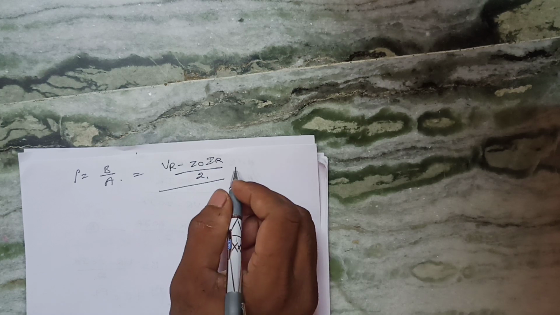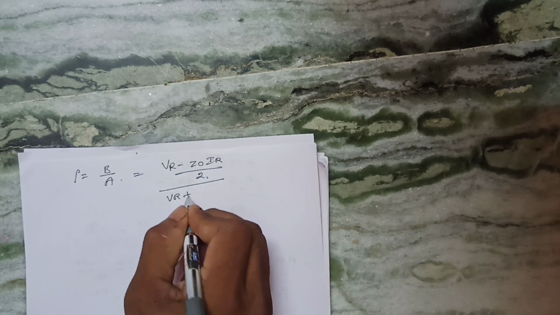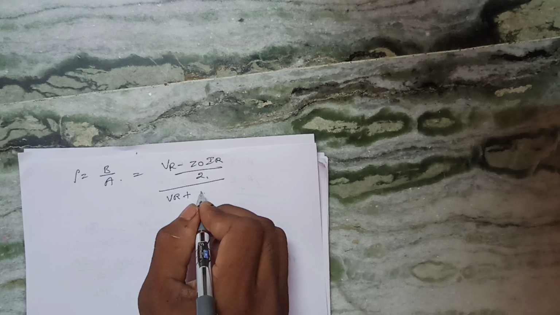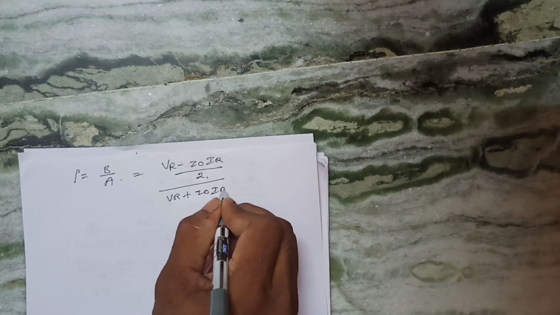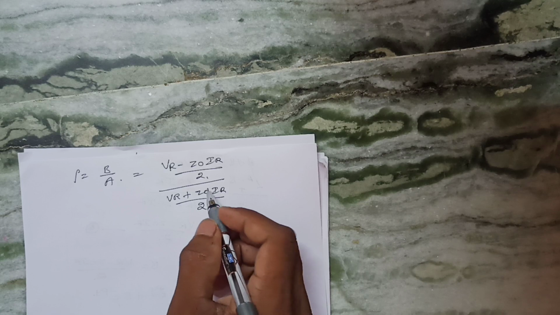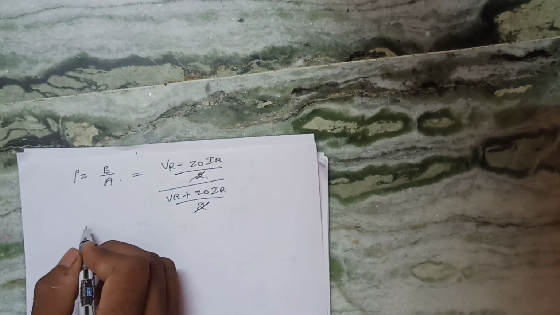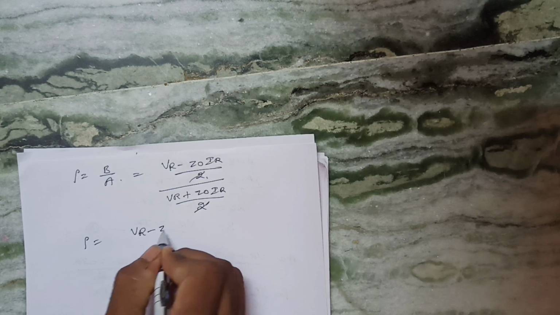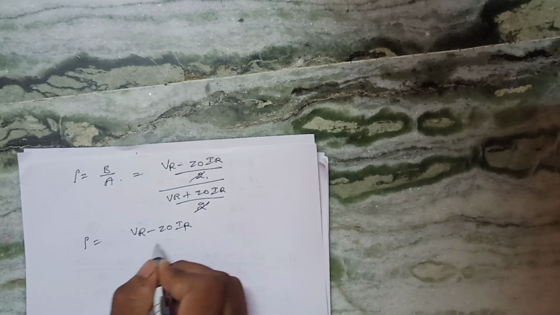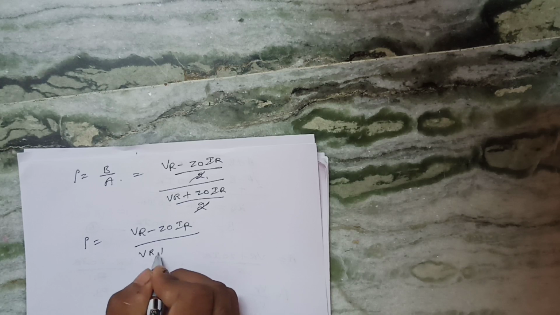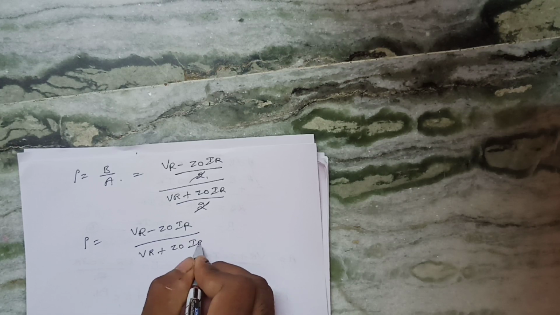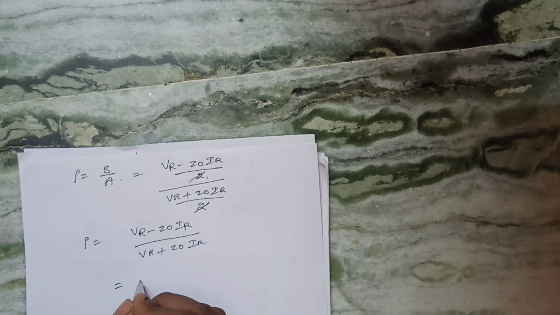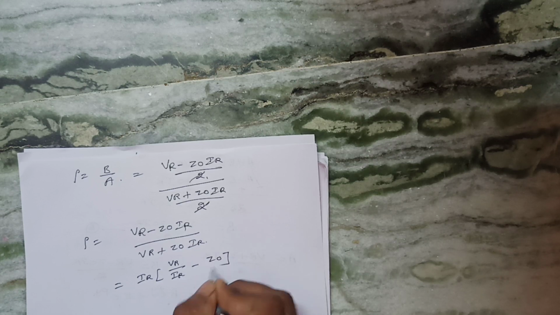What is the value of A? V_R plus Z naught into I_R by 2. The 2s cancel. Then the remaining value rho is equal to V_R minus Z naught into I_R by V_R plus Z naught into I_R. In the numerator we take I_R common, then V_R by I_R minus Z naught.